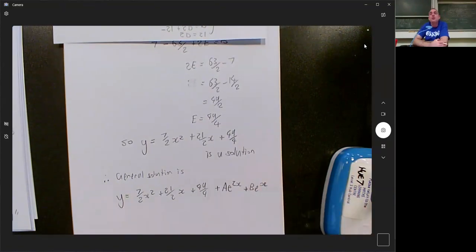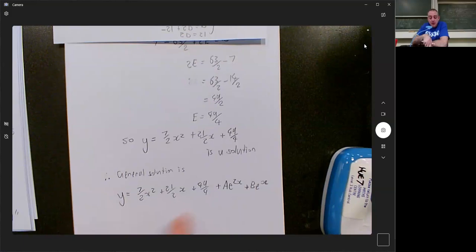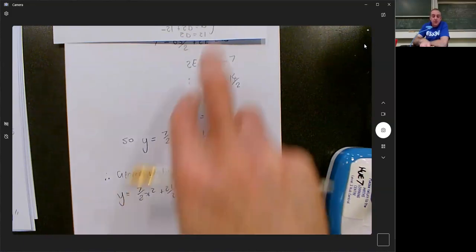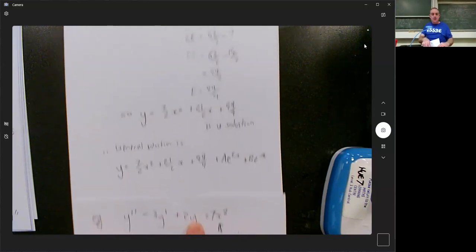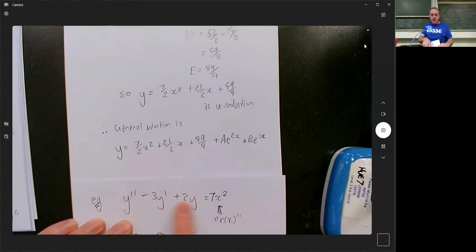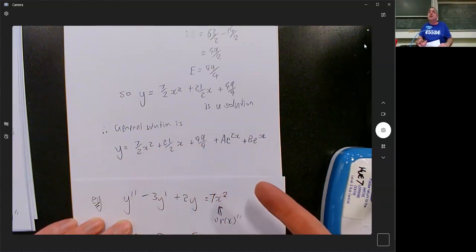And these are now all the solutions. Because I know that if I run this function through here, it gives me 7x squared. And if I run these functions through here, they give me 0. And so if I run this entire thing through here, it will give me 7x squared plus 0. And so it will still be 7x squared. That's the reason why it works.